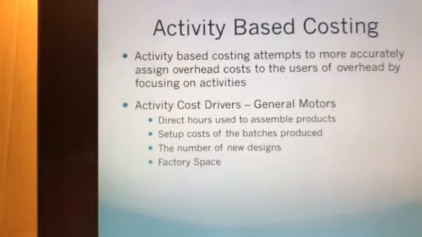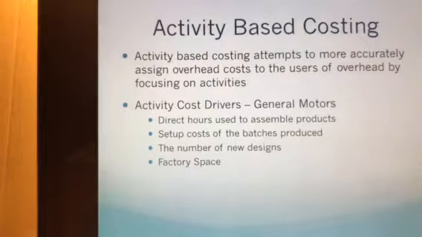the assembly line costs would be mainly driven by direct labor hours used to assemble the products. And then if you kept going, you could do setup costs, which would be driven by the number of cars produced. Design modification costs, which they probably do every year, would be driven by the number of new designs.